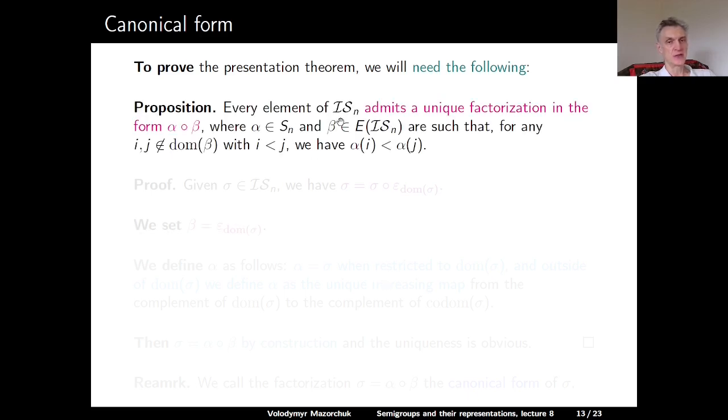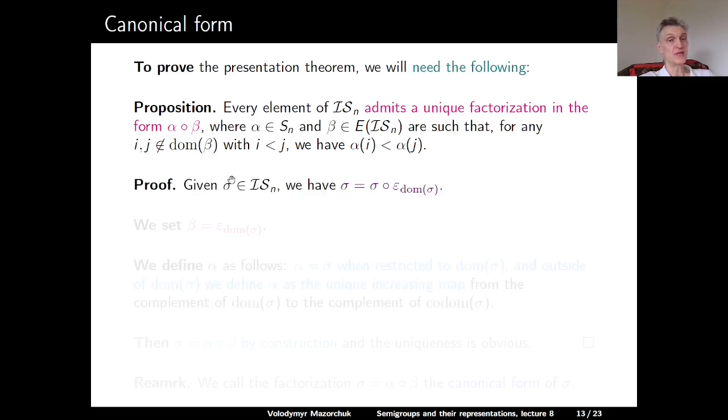Proposition: every element of ISn admits a unique factorization in the form α after β, where α is a permutation and β is an idempotent, such that for any elements i and j outside the domain of β, if i is smaller than j, then α(i) is smaller than α(j). So α is increasing on the complement of the domain of β. And here it's important that such a factorization is unique.